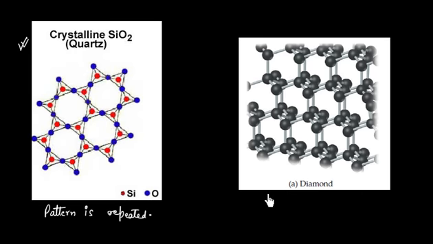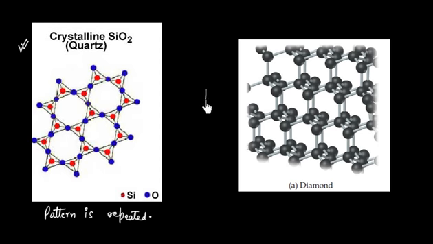In case of diamond also, we have a repeating pattern. So you see everywhere you have a hexagonal kind of pattern. So this pattern keeps repeating. Basically in case of diamond, each carbon is surrounded by 4 carbon, and this is tetrahedrally surrounded. So if you see this carbon, it is surrounded by one carbon this side and one carbon this side.